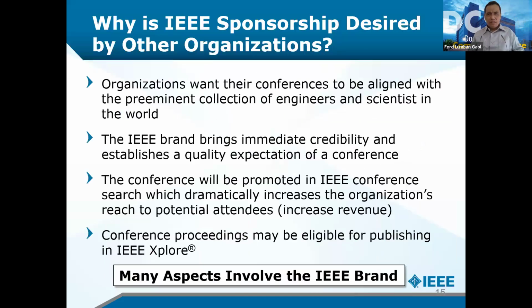So this has become important. Many aspects we have to look at, especially for the IEEE brand. Many organizations from universities or even government, industry probably, want to be involved with sponsorship with IEEE. So this becomes important as well. That's why nowadays there are many organizations or institutions that want to be involved.